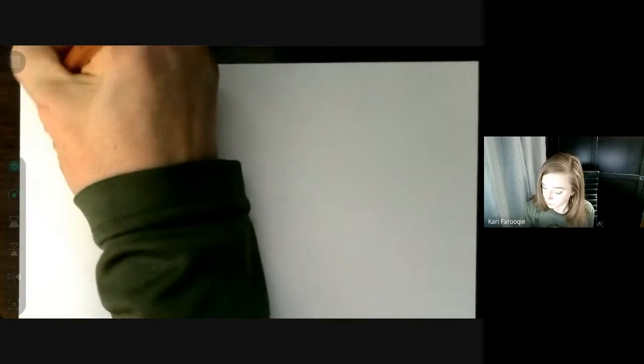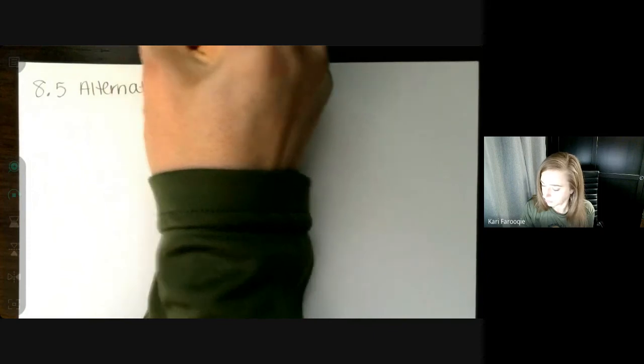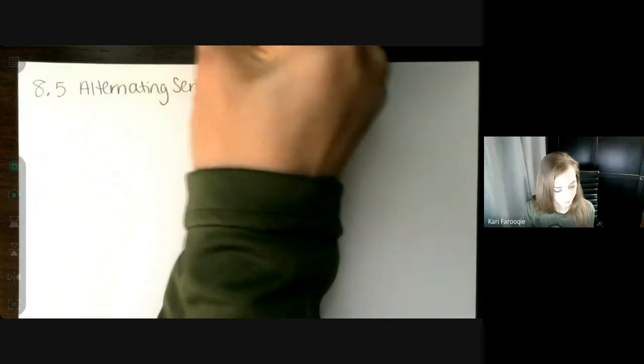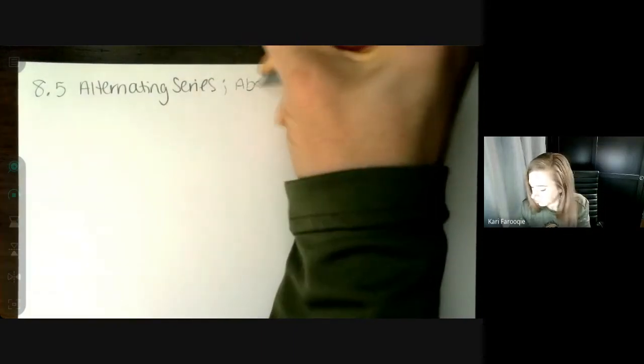All right, alternating series. I'm going to give you a definition for alternating series. This is section 8.5. This is also going to talk about absolute convergence.